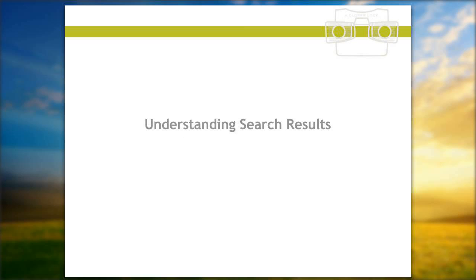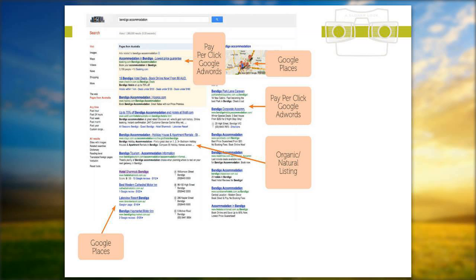So understanding search results is important when you're doing a search on Google. And here's an example of Bendigo accommodation, because while it might look like all the same results, it actually isn't. So in this example, we have at the top, and this has changed slightly since this screenshot, because it used to just have this sort of shaded area at the top, and they are actually paid ads, pay per click Google AdWords.